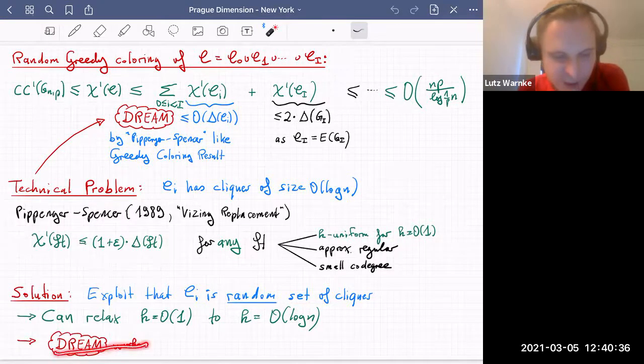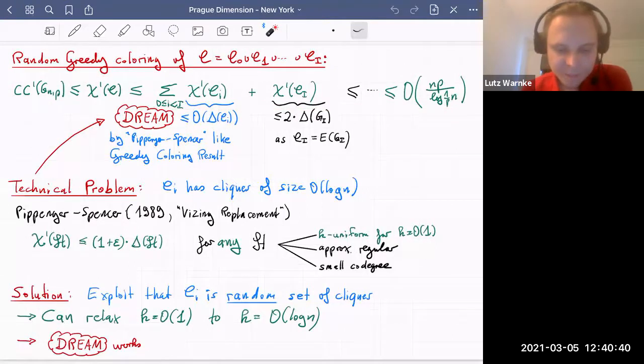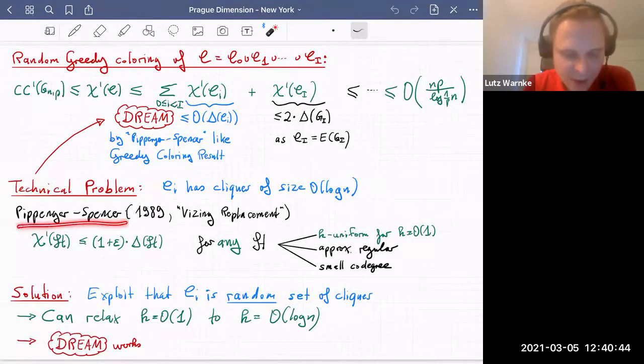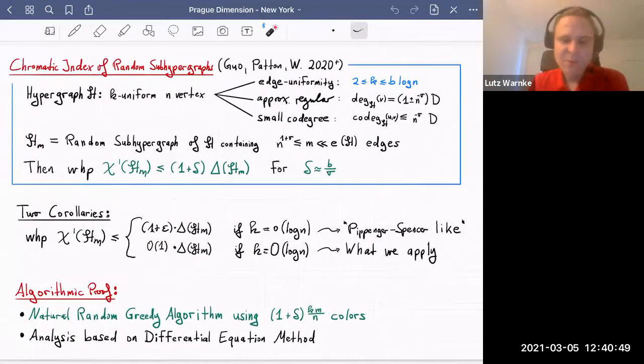And that allows us in the end to push through this kind of argument. Because I think this should have other applications, let me state a precise version of what kind of result we can prove, to give you a feeling for what is going on.